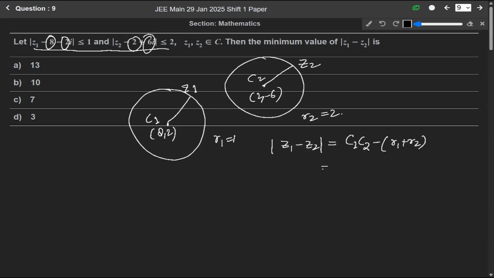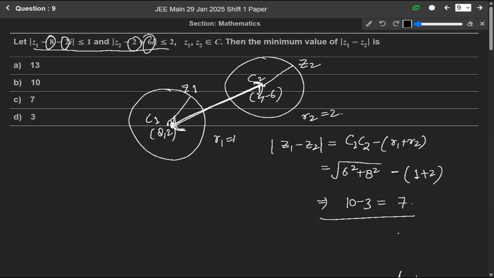C1C2 is the distance between the centers 8, 2 and 2, minus 6, so it will be the square root of 6 squared plus 8 squared, which is 10. Then minus r1, which is 1, and r2, which is 2: 10 minus 3 equals 7. So the minimum of |z1 - z2| is 7, which means option C is the correct answer.